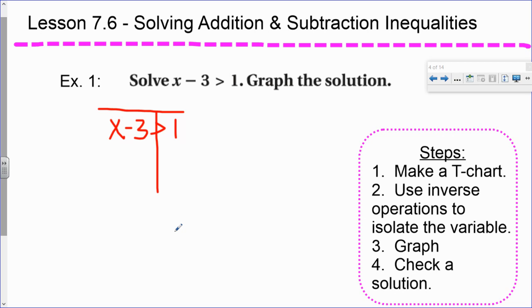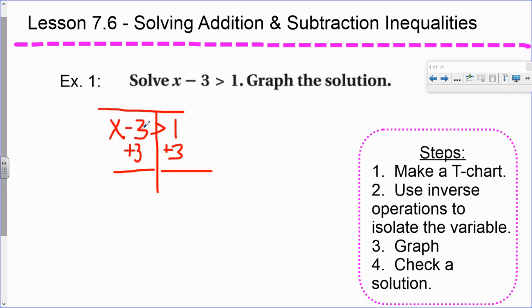Step 2 says to use inverse operations to isolate the variable. So here's our variable x, and attached to it we have subtracting 3. If you think to yourself, how do I get rid of subtracting 3? What's the opposite operation? I can hear you guys saying it, add 3. So to keep it balanced, we're going to add 3 on both sides.